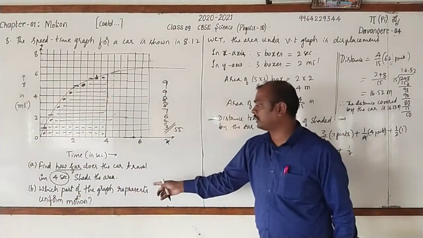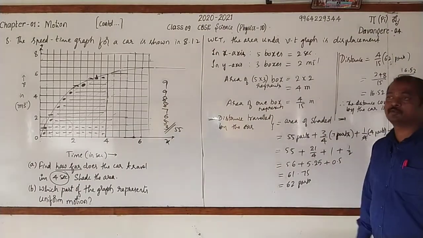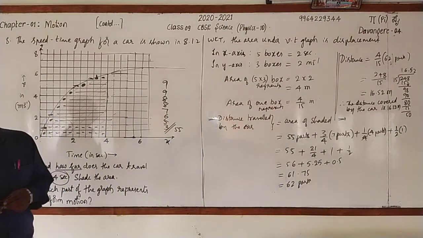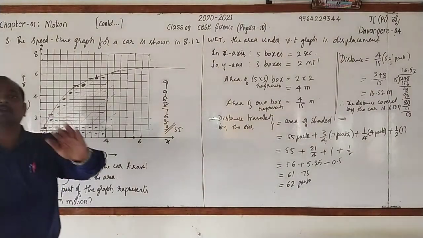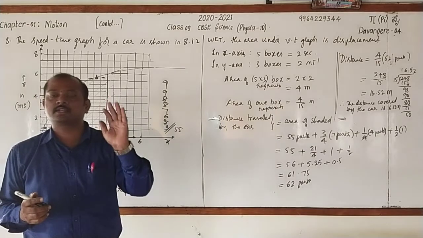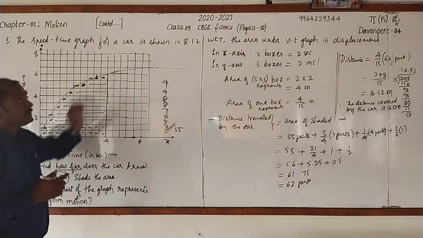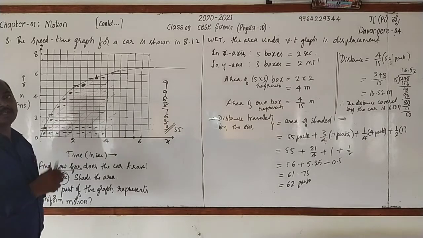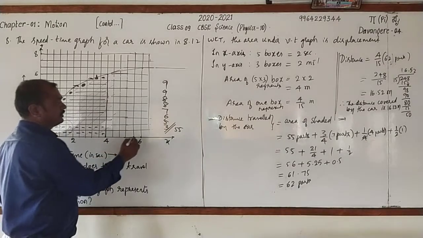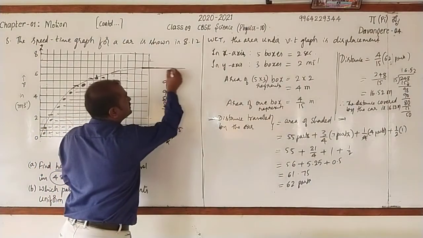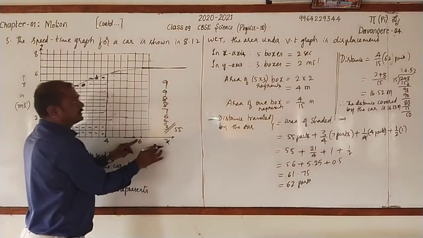Whereas, we have a sub-question. Which part of the graph represents uniform motion? Look here, uniform motion. When the body is moving with uniform motion, it covers equal distances in equal intervals of time. It is nothing but constant velocity. Here, after what time did the body start moving with a constant velocity? Look here, from here it is lying parallel to the x-axis.